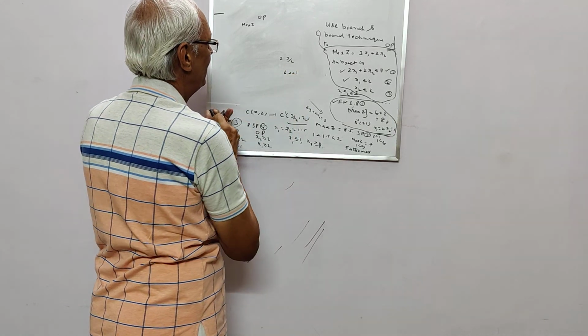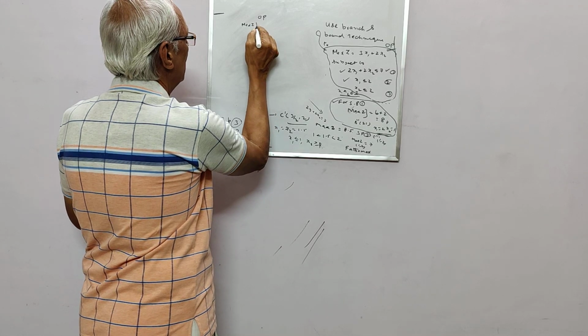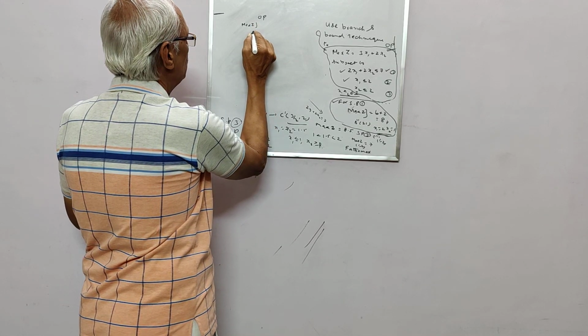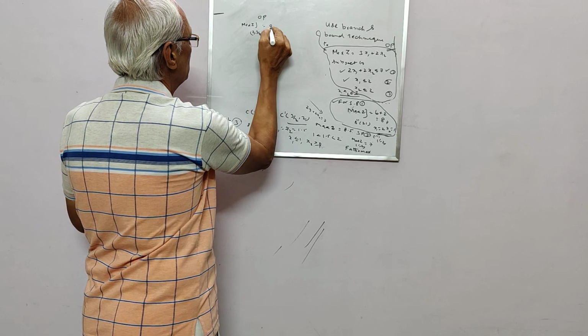So we had max of z at (2, 3/2) is equal to 9.